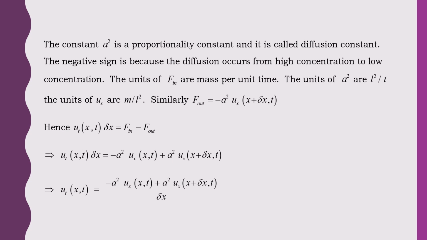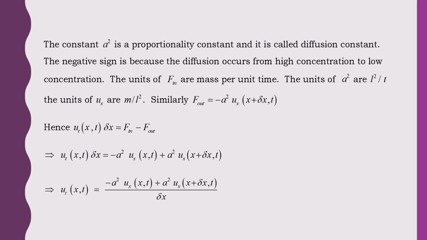So, the inward flux f in equals minus a square u x of x comma t. Similarly, the outward flux f out equals minus a square u x of x plus delta x comma t.